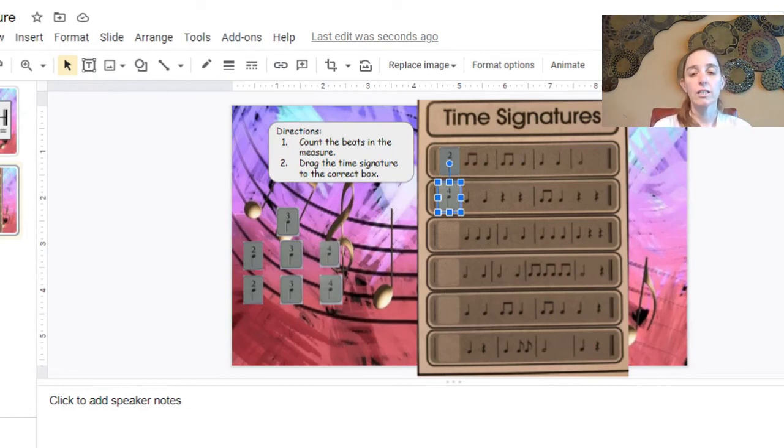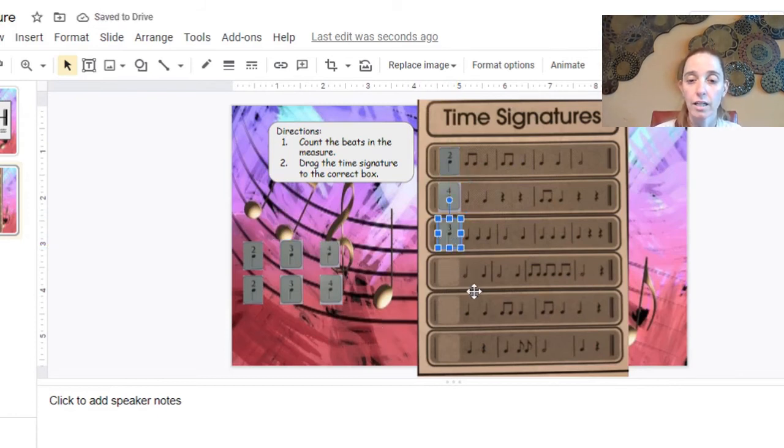Or does it feel like it's in 1, 2? Or does it feel like it's in 1, 2, 3, 4? We have 1, 2, 3, then a bar line. So let's put the 3.